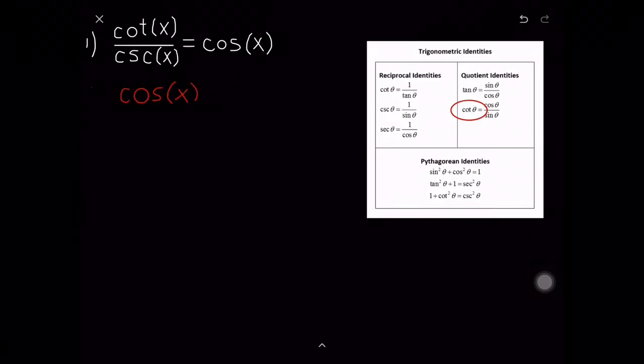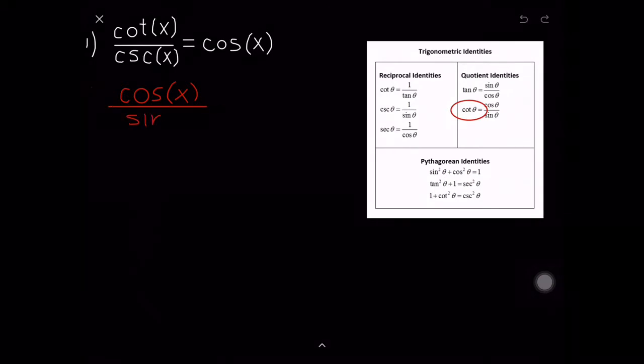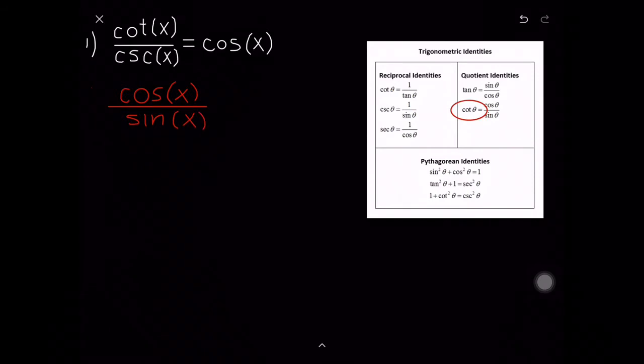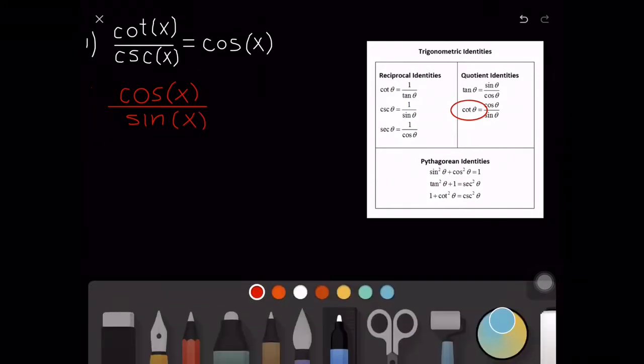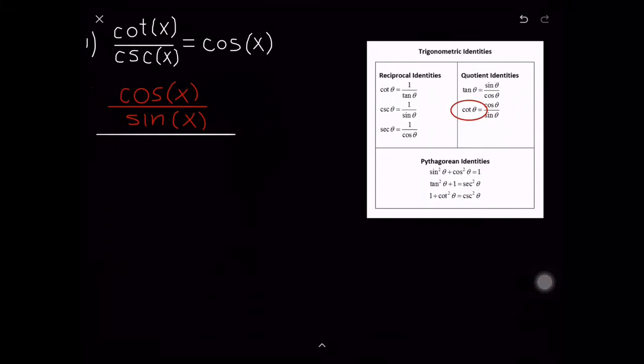So we are going to write cosine of x over sine of x in red. And now we are going to look for cosecant of x, which we are going to write in orange. As you see, in our reciprocal identities, cosecant of x equals 1 over sine of x.